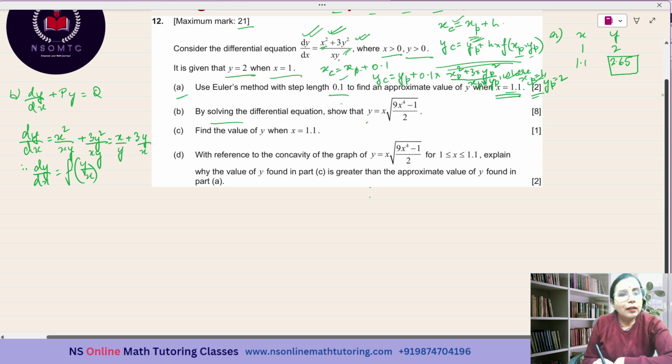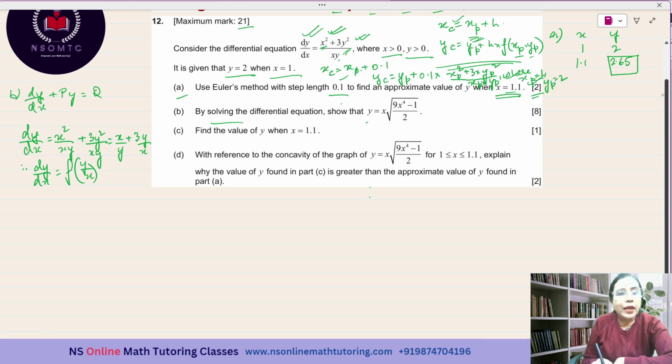And whenever the dy by dx expression is a function of y over x, it is known as a homogeneous differential equation. Therefore, it is a homogeneous differential equation. Therefore, we can solve it using the substitution y equal to v times x.